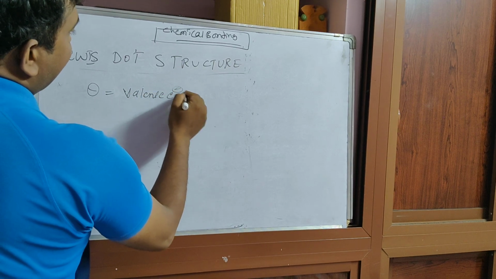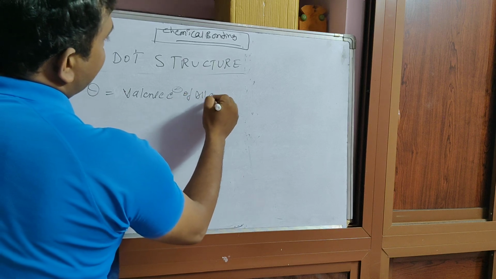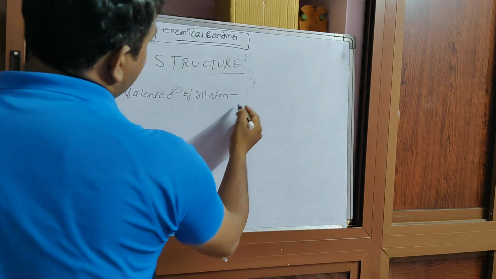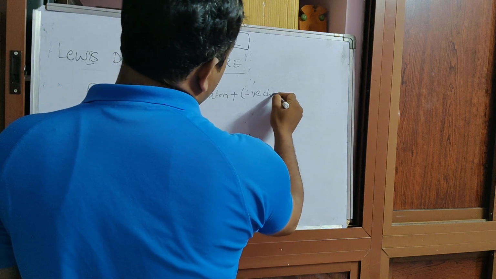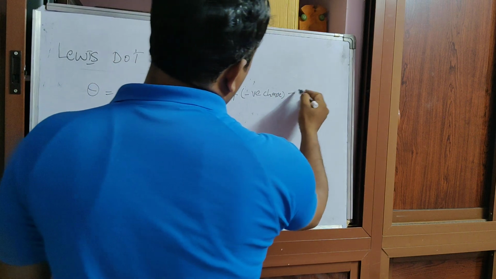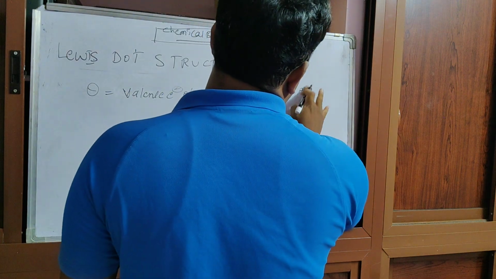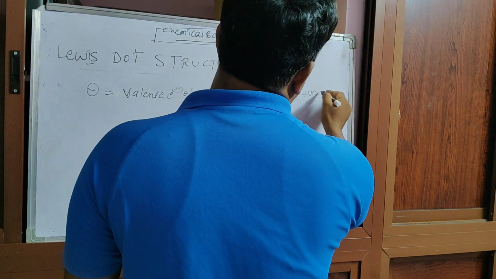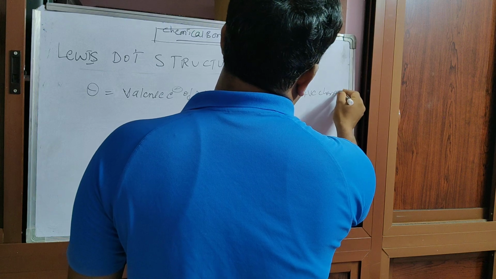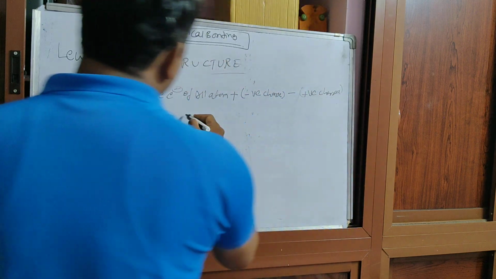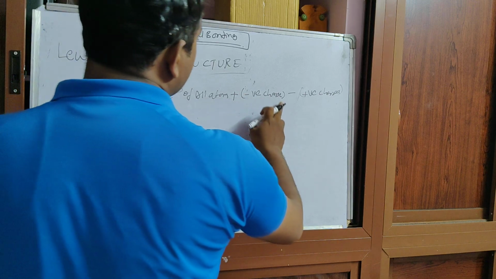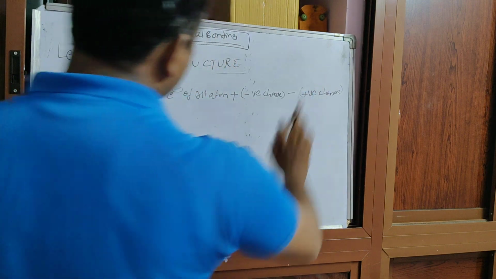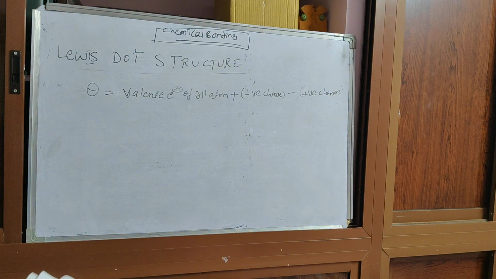Valence electrons of all atoms, plus the negative charge, minus the positive charge. Valence electrons of all the atoms, plus or minus charge: if it is positive, subtract the positive charge.